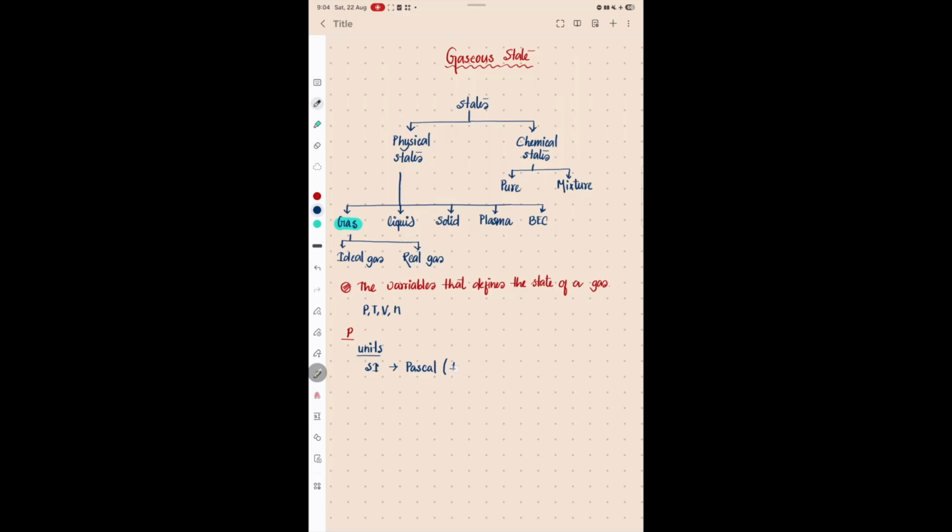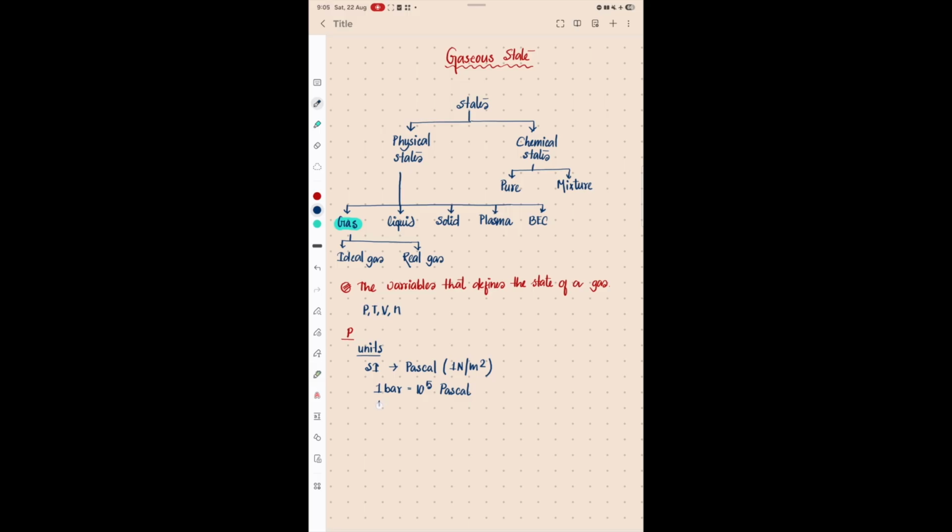Pascal is basically 1 Newton per meter square, right? Then 1 bar is also a unit of pressure, and it is related to Pascal in such a way that 1 bar is equal to 10 to the power 5 Pascal, right? So bar is a larger unit.